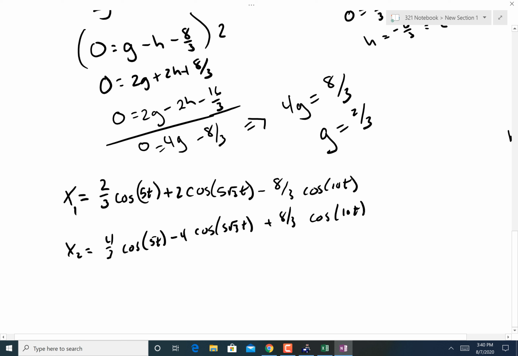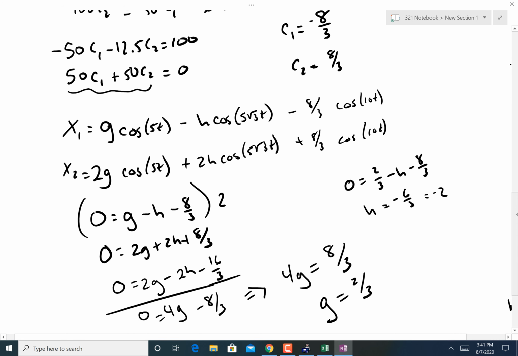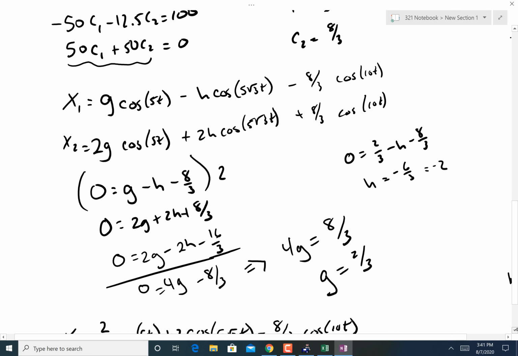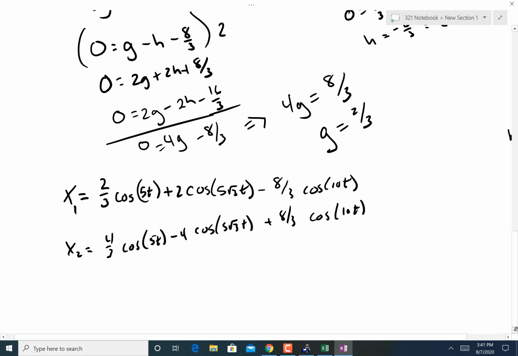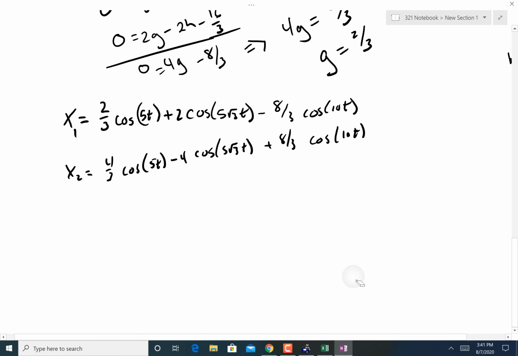There you go. That's actually goofy because I shouldn't have had the negative there. This is opposite sign of that.